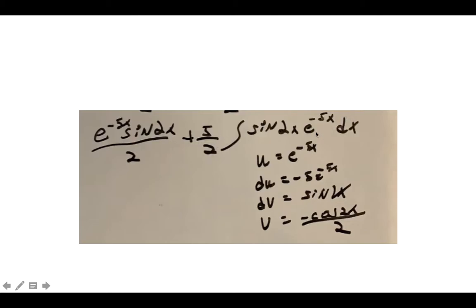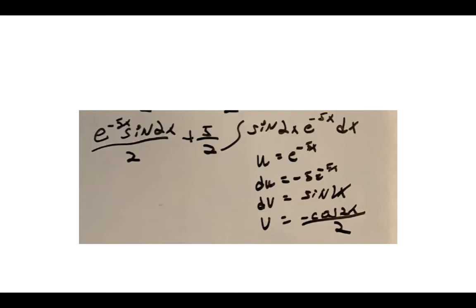I like to use the same u we started off with in the first integration by parts and keep that consistent, because I think if you switch it, you'll get a wrong answer. Whatever you did in the beginning, do in the other. So du is going to be negative 5 e to the minus 5x, and the integral of dv, which is sine 2x, is going to be negative cosine 2x divided by 2.